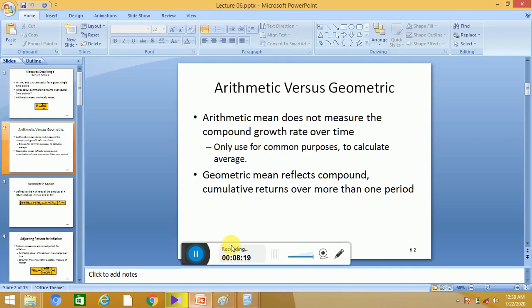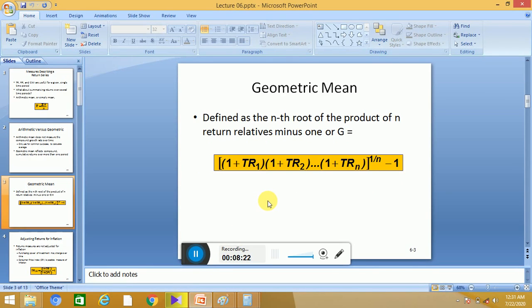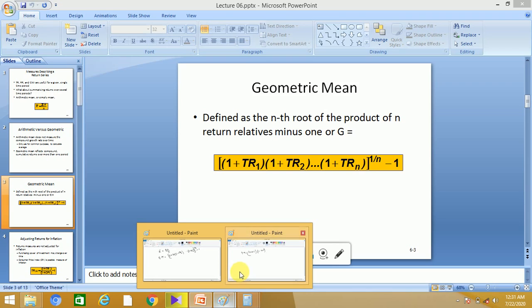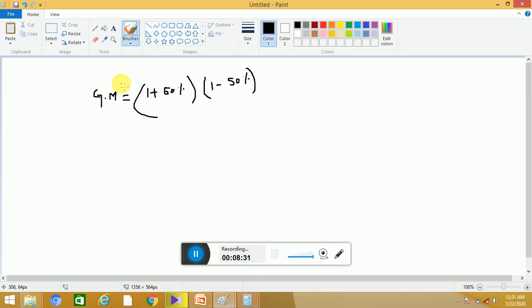See the formula: 1 plus total return 1, 1 plus total return 2, and so on, 1 plus total return n, then the bracket will be closed, raised to the power 1 over n. So we have 2 periods, so 1 divided by 2, minus 1.